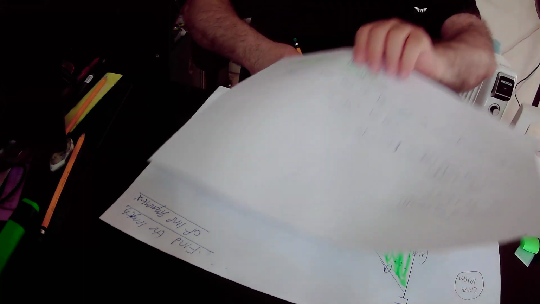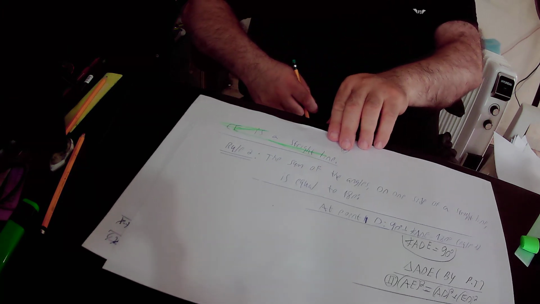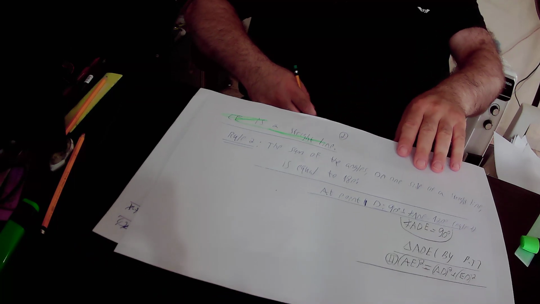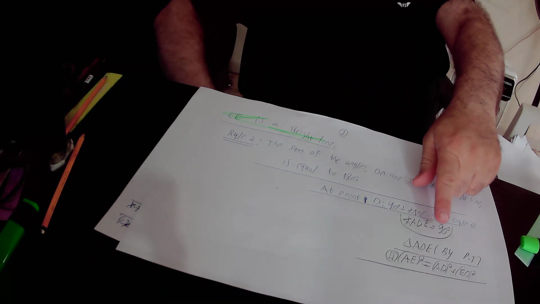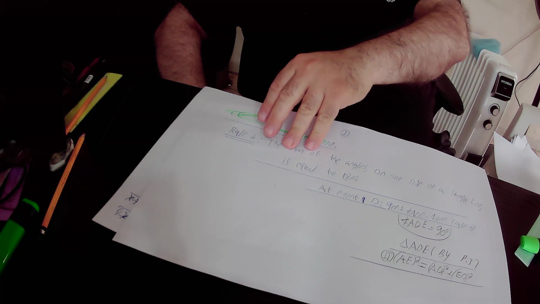I repeat again. According to the Pythagoras theorem, in the right green triangle ADE, AE squared equals AD squared plus ED squared.